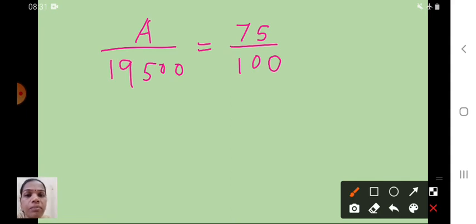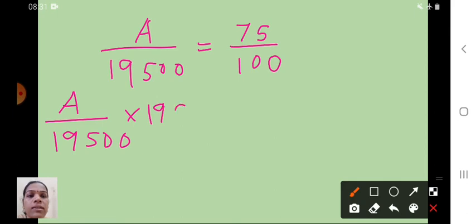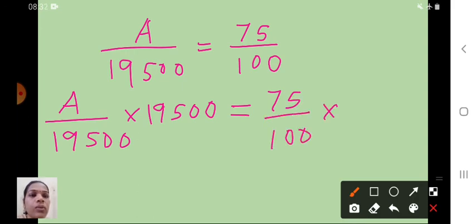So next step is what? A upon 19,500 into 19,500 is equal to 75 upon 100 into 19,500. Okay, so this one we can cancel. So A is equal to, see here, these zeros we have to cancel.